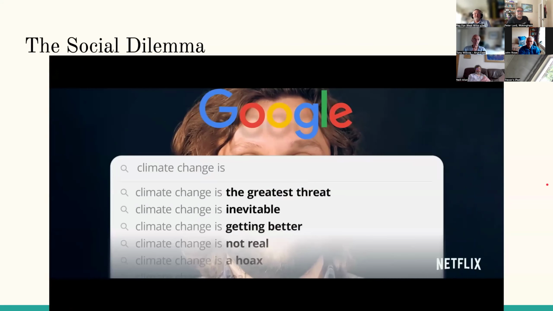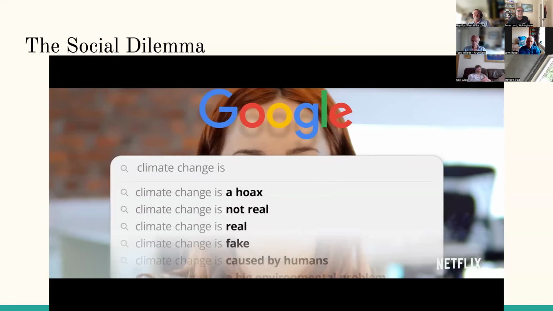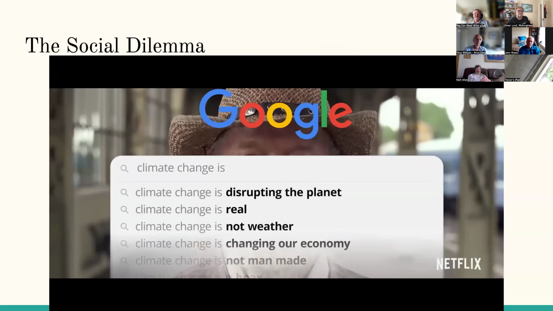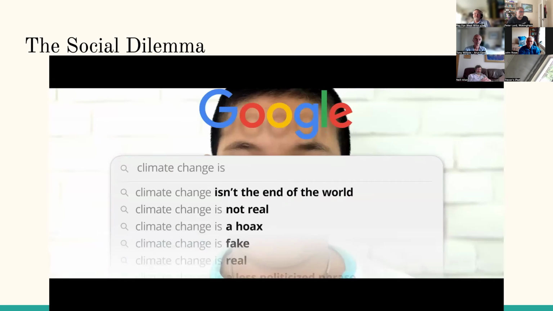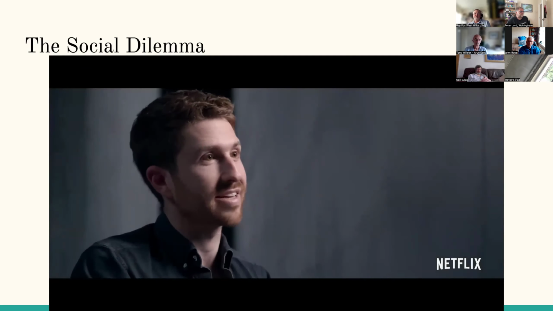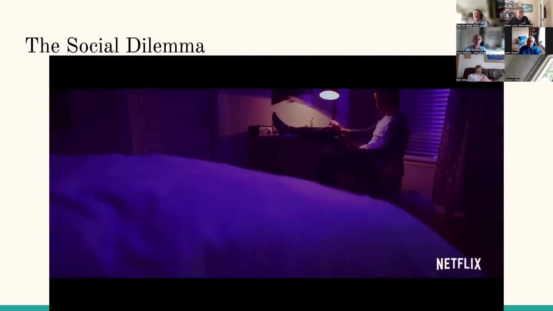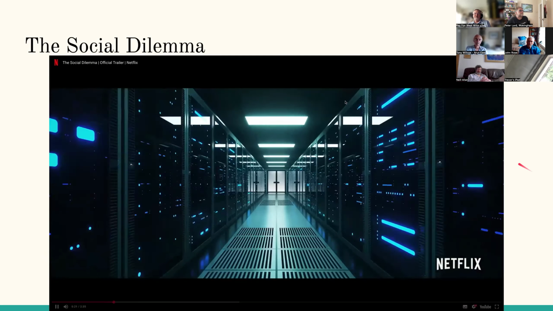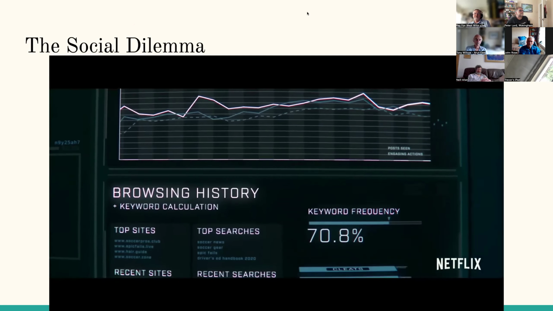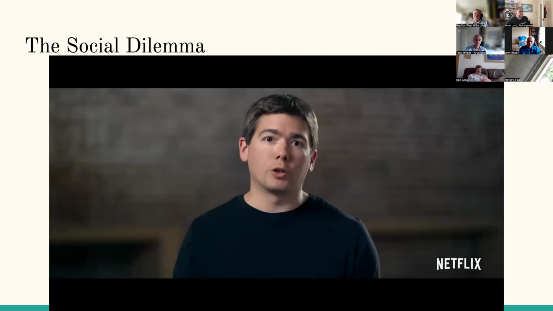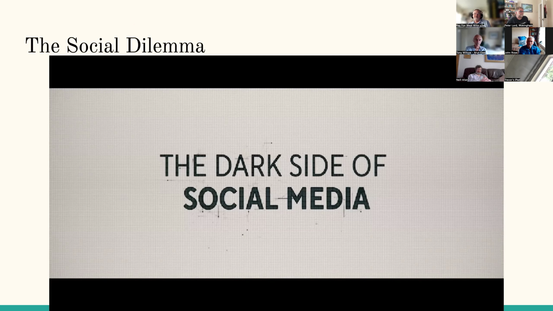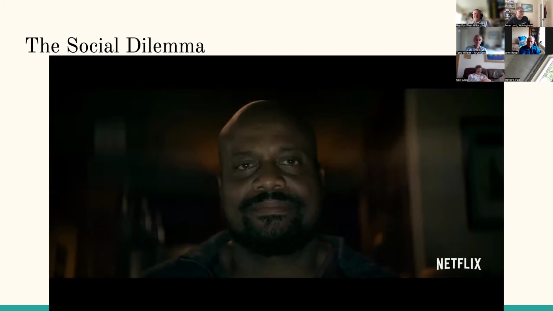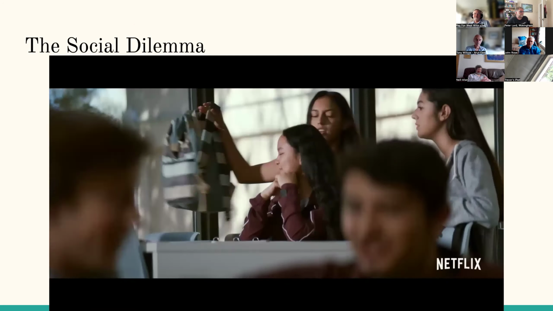When you go to Google and type in "climate change is," you're going to see different results depending on where you live and the particular things that Google knows about your interests. That's not by accident. That's a design technique. What I want people to know is that everything they're doing online is being watched, is being tracked. Every single action you take is carefully monitored and recorded. A lot of people think Google's just a search box and Facebook's just a place to see what my friends are doing.